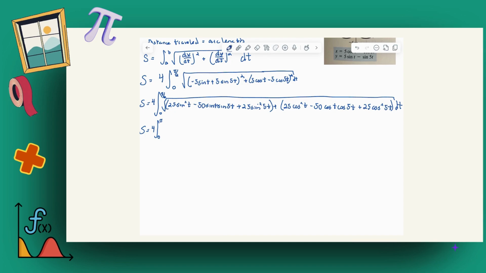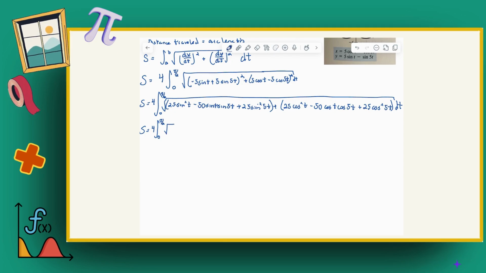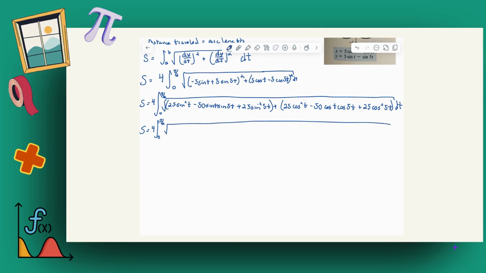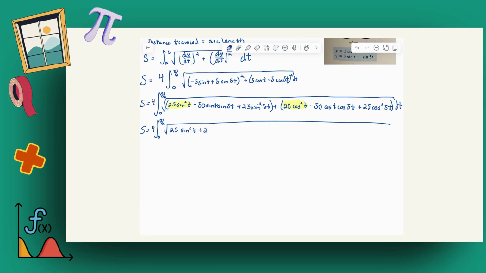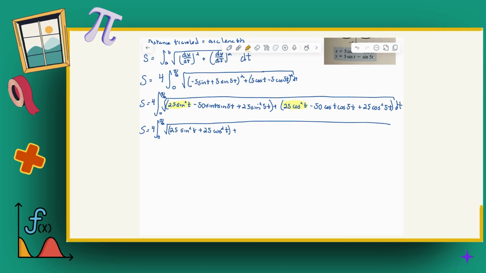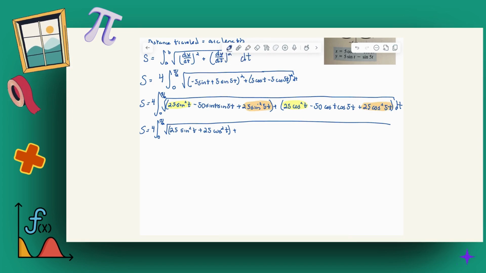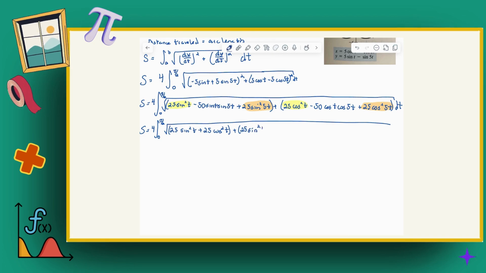I'm going to start by putting terms together that look like trig identities that I know. For example, I'm going to take this 25 sine squared t and add that to my 25 cosine squared t, put those together. Likewise, I'm going to take the 25 sine squared 5t plus the 25 cosine squared 5t and put those together.